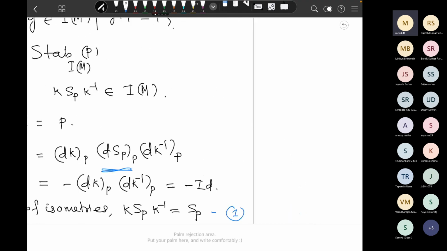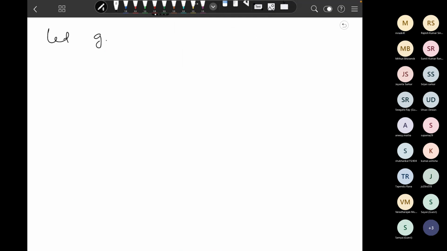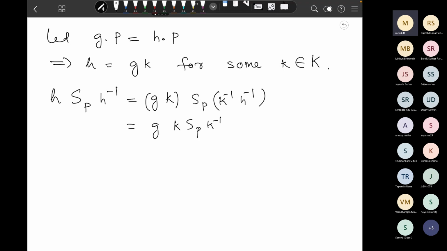So let G·P be equal to really H·P. That means H is equal to GK for some k belonging to K. Now H S_P H inverse is the same thing as G k S_P k inverse G inverse, and k S_P k inverse is your S_P, so this is really G S_P G inverse.